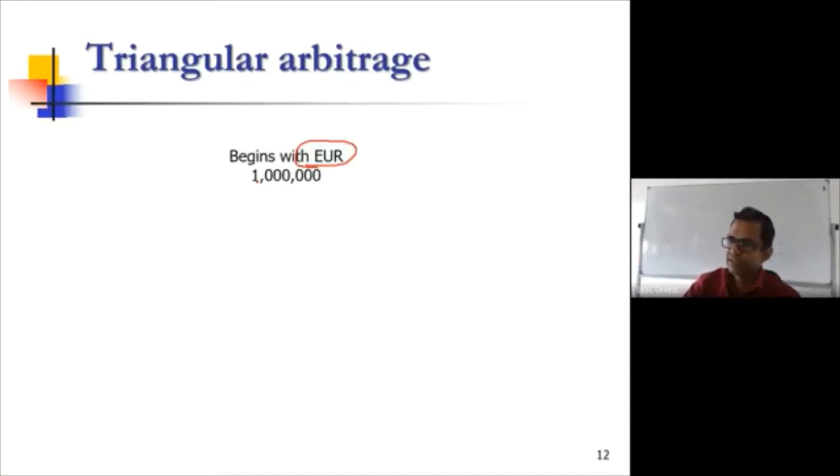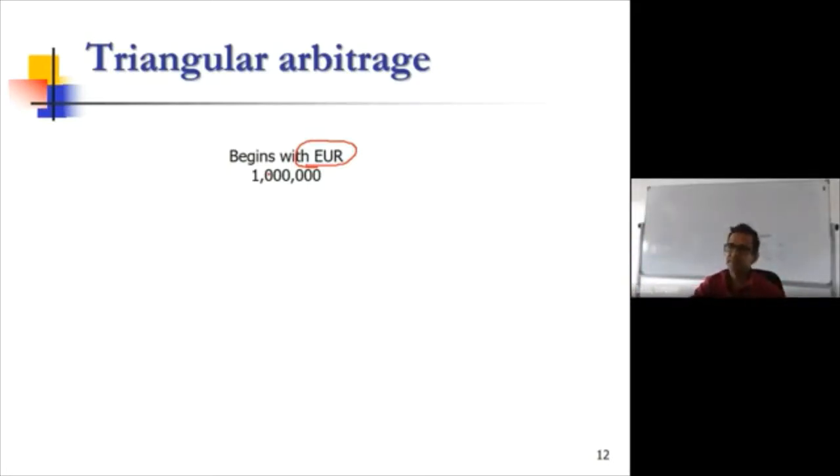So it begins with euro 1 million. Whether this is 1 million or 10 million or 100 million or 1 euro, it's up to you. Whatever the amount, it doesn't matter to realize the profit. Based on the amount, the profit that you realize will change.